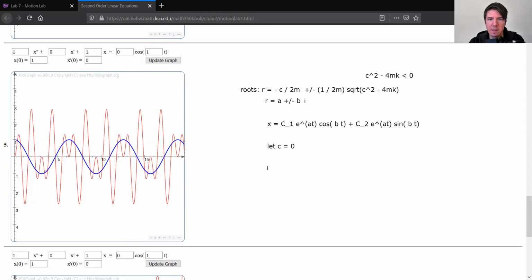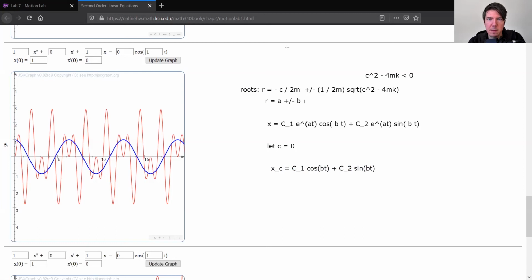What that gives us is a complementary solution of C1 cosine BT plus C2 sine of BT. B is whatever value.